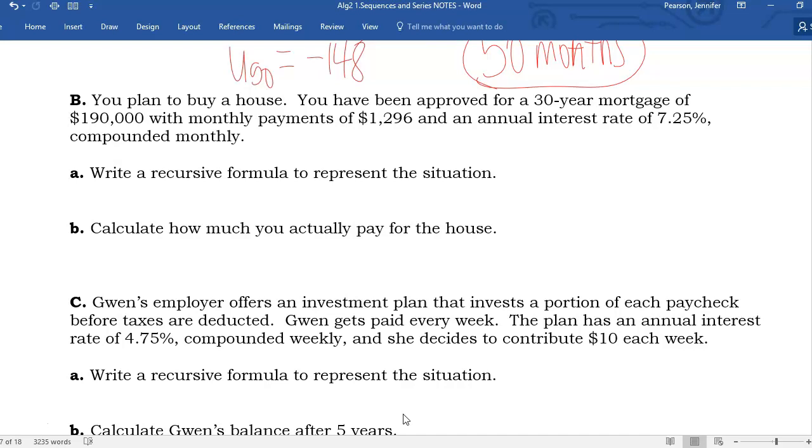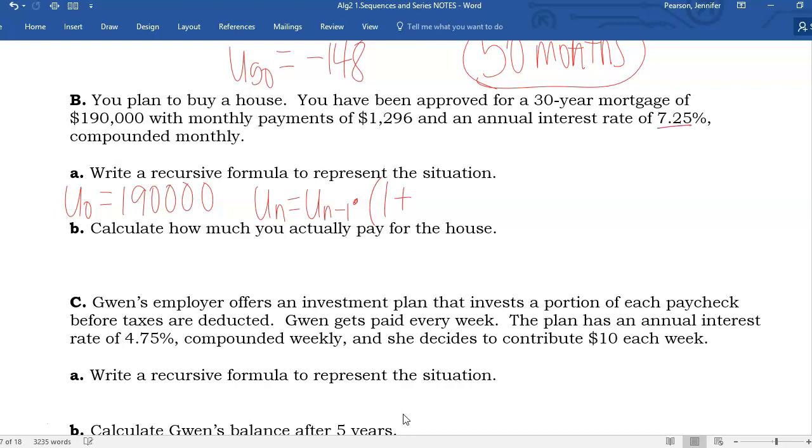Write a recursive formula. We need our U0. Our starting balance is $190,000. Our next month's is our last month's with some interest.